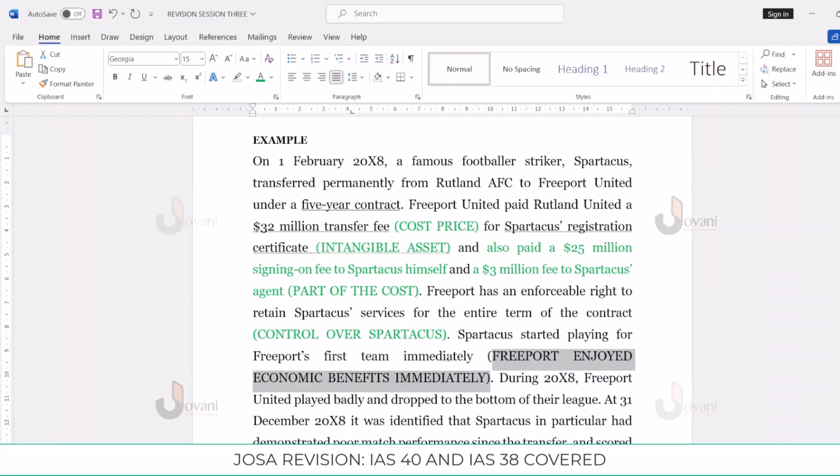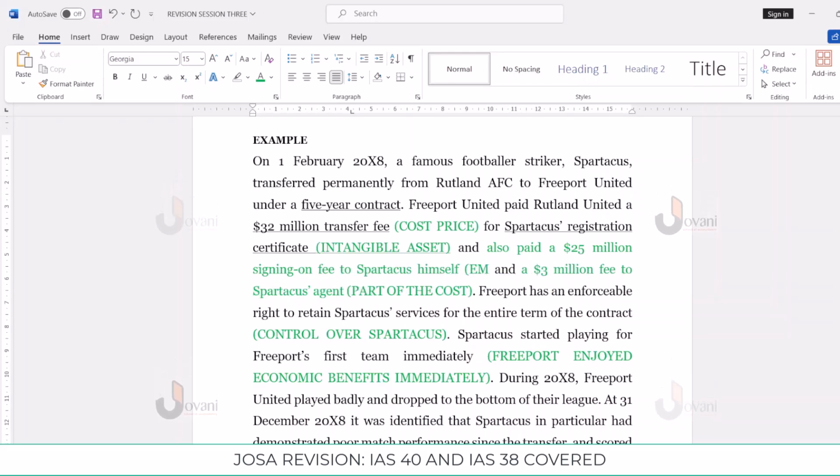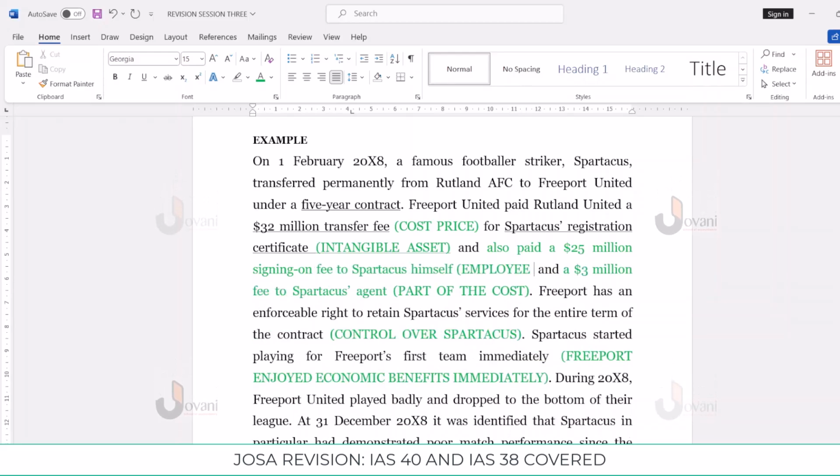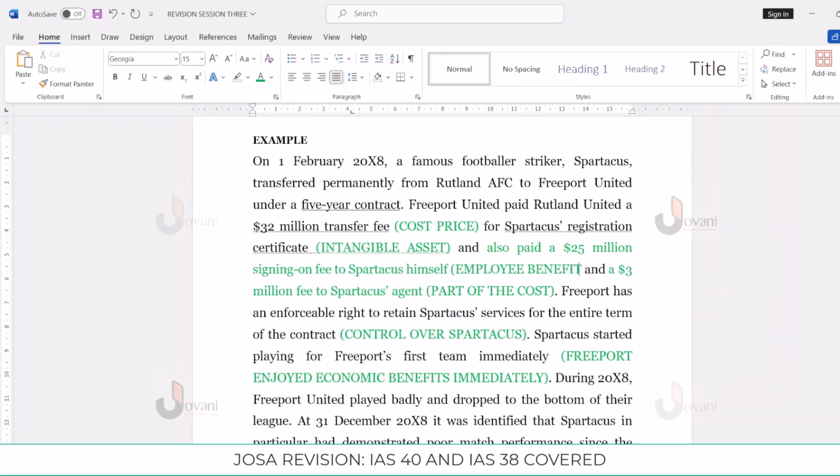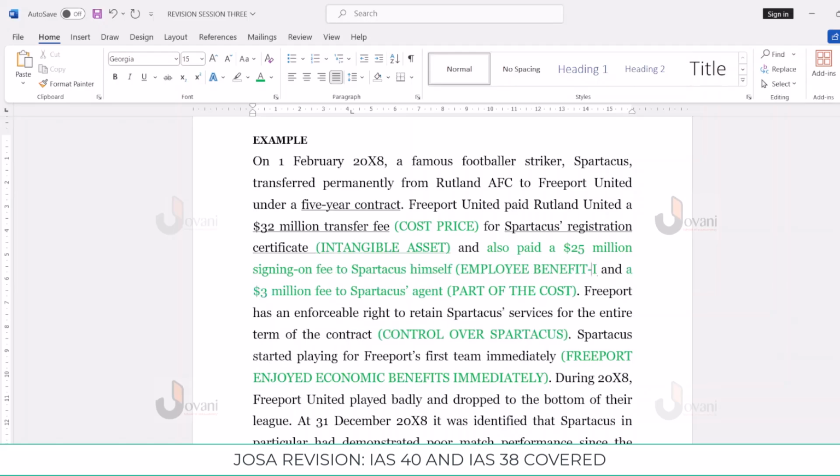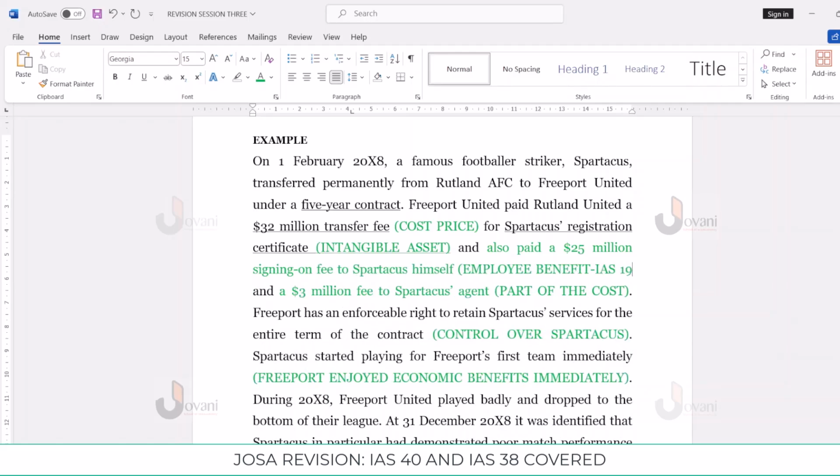How many of us saw that? I know some of you saw. So this was employee benefit, which is IAS 19.